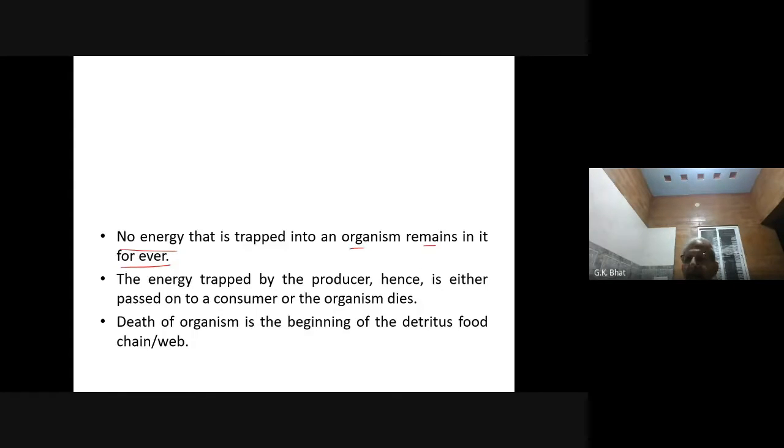Then Aisha must be there. Aisha? Blessy, come on. Is it not that whenever you eat a fish, the energy gets trapped in your body? It won't go out from your body?